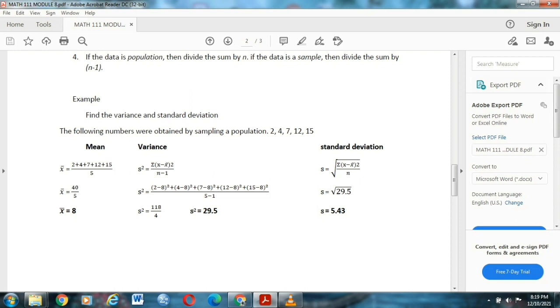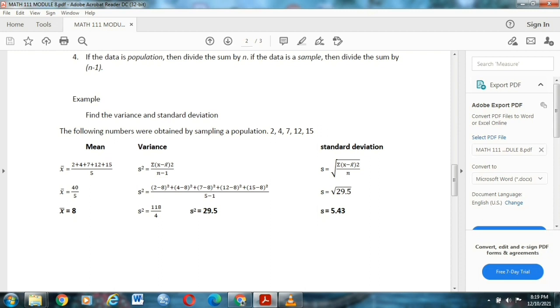Okay, so 2 plus 4 plus 7 plus 12 plus 15 all over or divided by kung ilan lahat, 1, 2, 3, 4, 5. Okay, sunod, so ang result ay 40. Okay, then i-divide natin ng 5. So 40 divided by 5 would be 8. So kung hindi siya mag-exact, for instance decimal, so pwede naman natin i-round off into whole number.